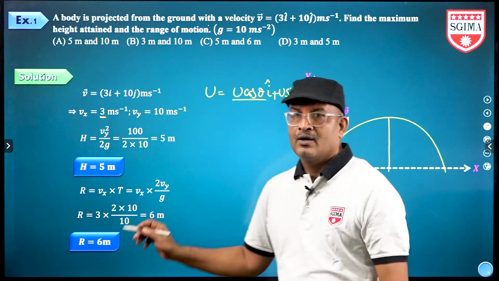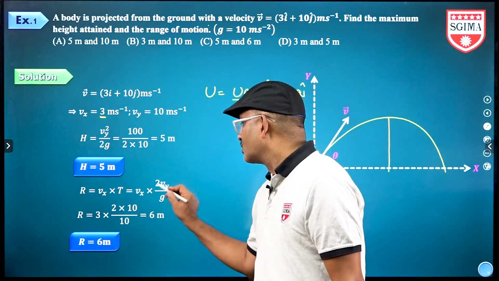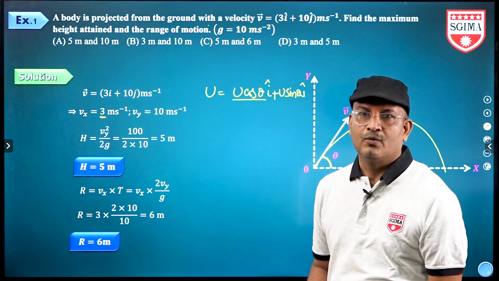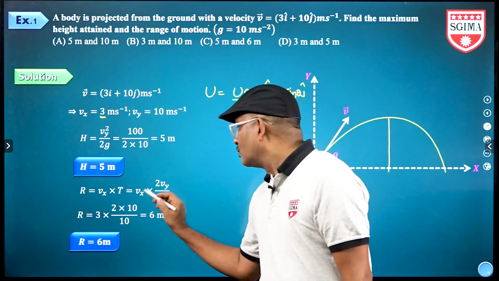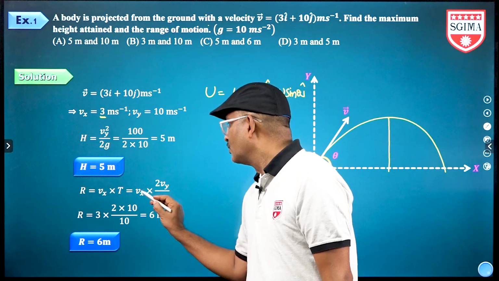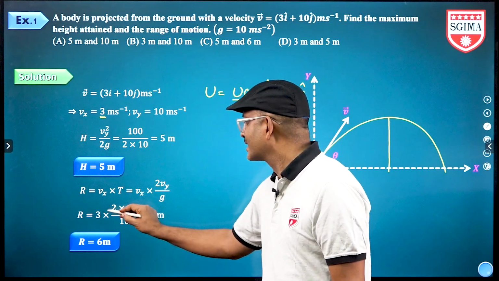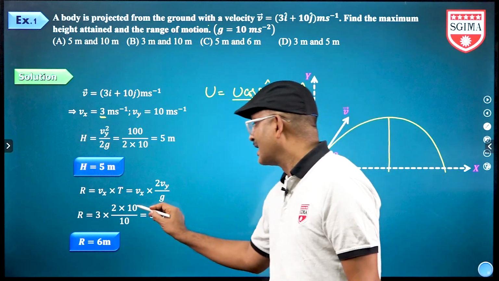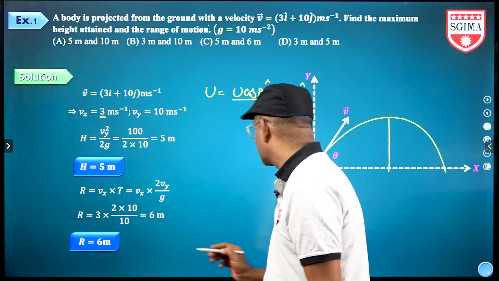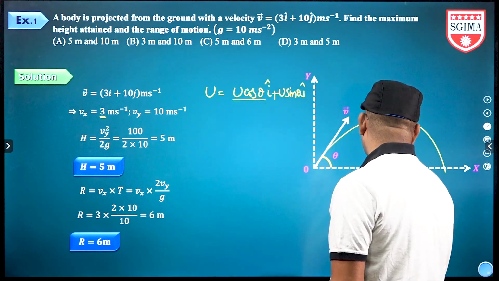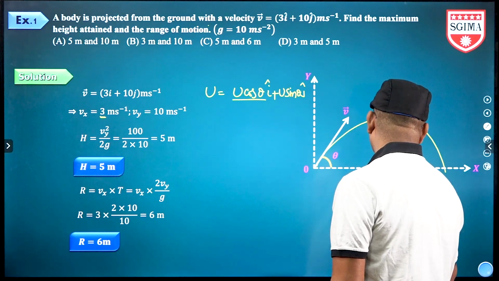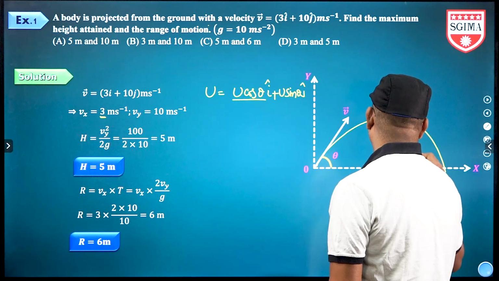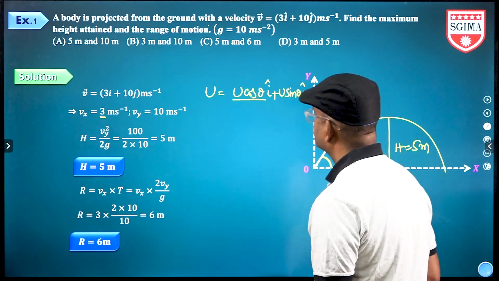Range is equal to 2 ux uy by g. 2 into ux, which is 3, into uy, which is 10, by g, which is 10. That is 6 meters. Range is 6 meters, and height is 5 meters.